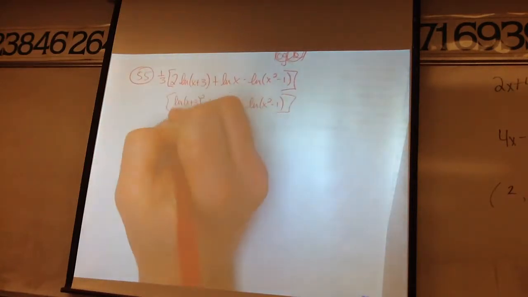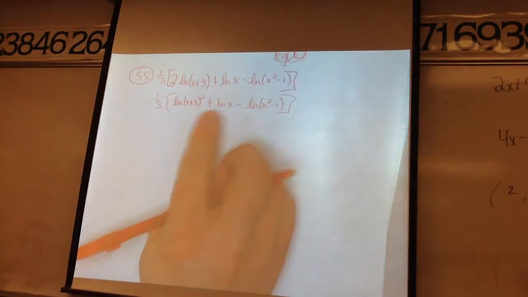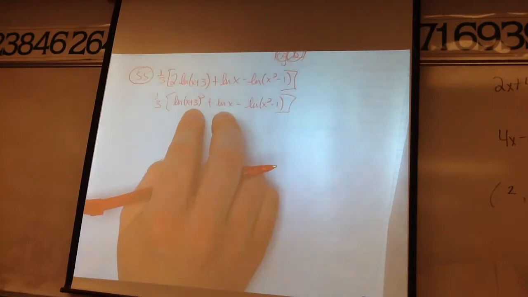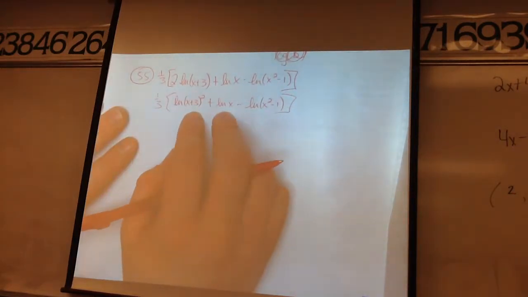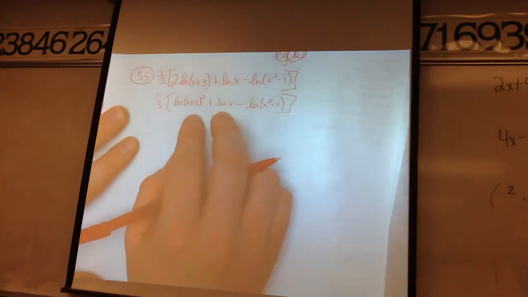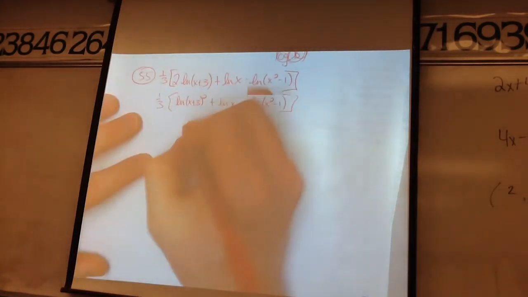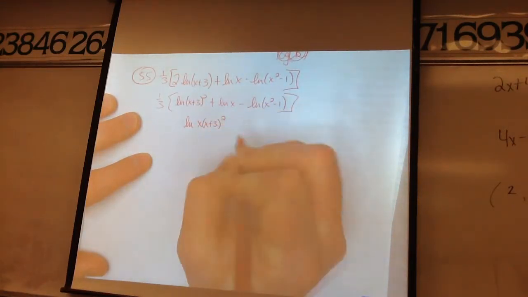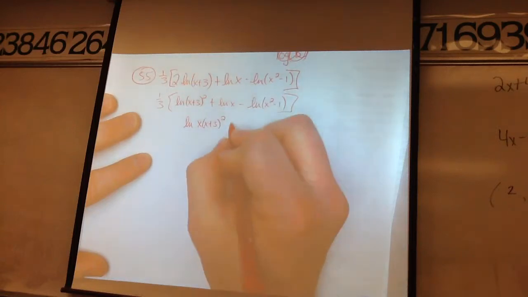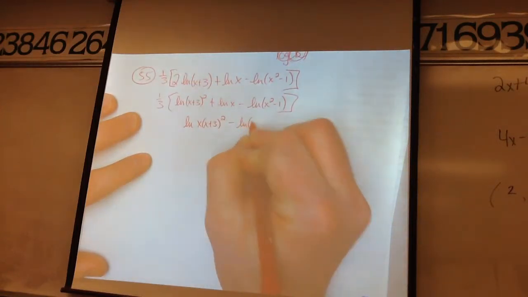All that stuff's still there. Do the addition part first and then the subtraction part. So what's ln of x plus 3 squared plus ln of x? Keep it simple: x times x plus 3 squared. ln of x times x plus 3 squared, minus ln of x squared minus 1.